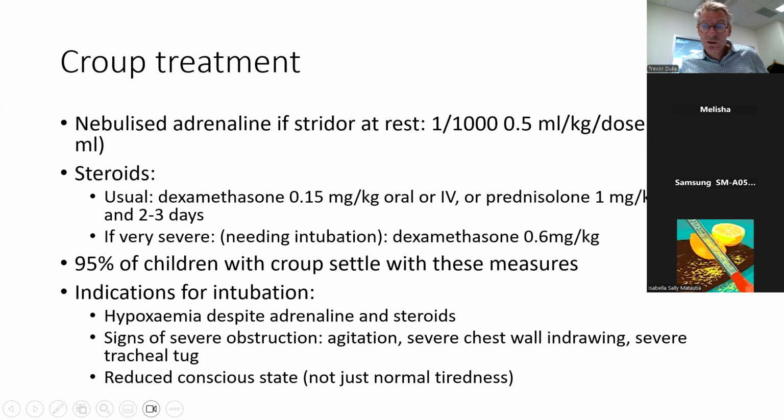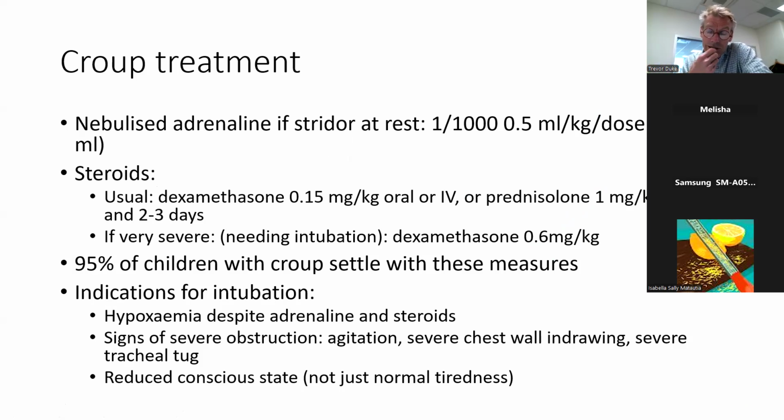So you should give nebulized adrenaline if the child has stridor at rest, and as I said, 0.5 mL per kilo per dose. Steroids, we talked about the dose. If a child's got worsening obstruction, or hypoxemia after the first dose of adrenaline and steroids, then that's an urgent situation.